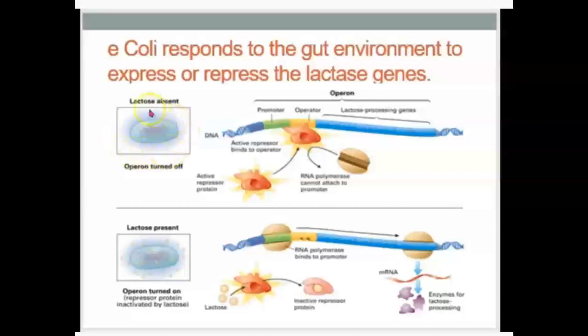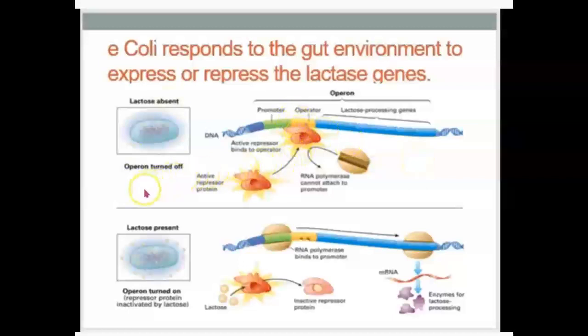So if the lactose is absent in the environment, your gut, then the bacteria doesn't want to spend energy to make the enzyme to break down something that isn't there. So if lactose is absent, the process won't continue. That's when you'll see a repressor bind, which we'll discuss later.